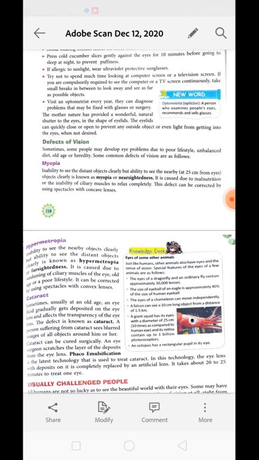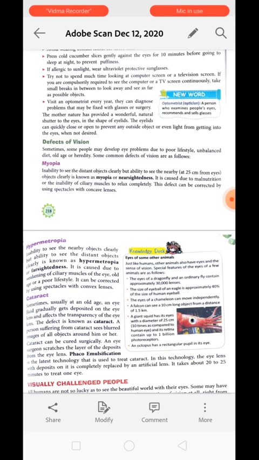Sometimes people develop eye problems due to poor lifestyle or unbalanced diet or due to age. The common defects of vision are myopia, hypermetropia and cataract. We are going to study each of them one by one.